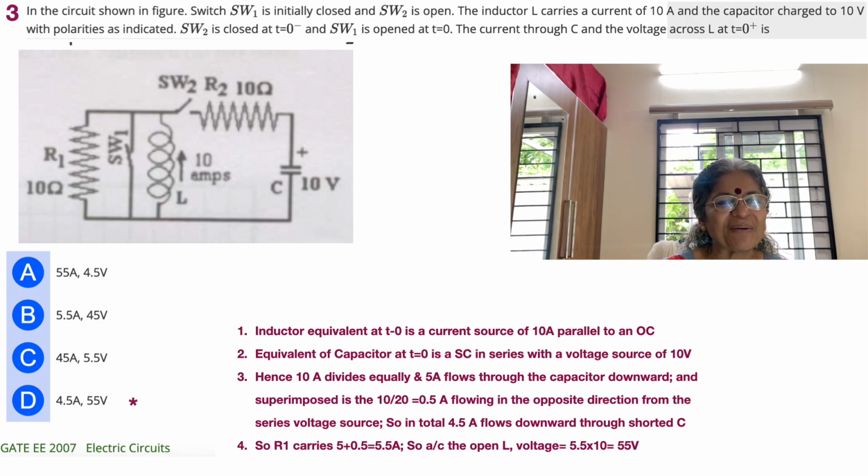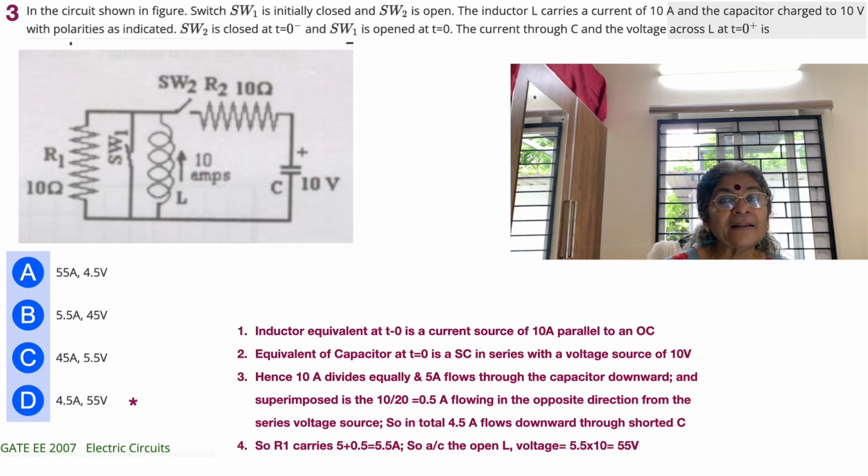So let's read the problem. In the circuit shown in the figure, switch S1 is initially closed. When switch S1 is closed, as you read the problem, it's better to analyze then and there. If the switch S1 is closed, any current trapped in the inductor would flow through the short circuit.